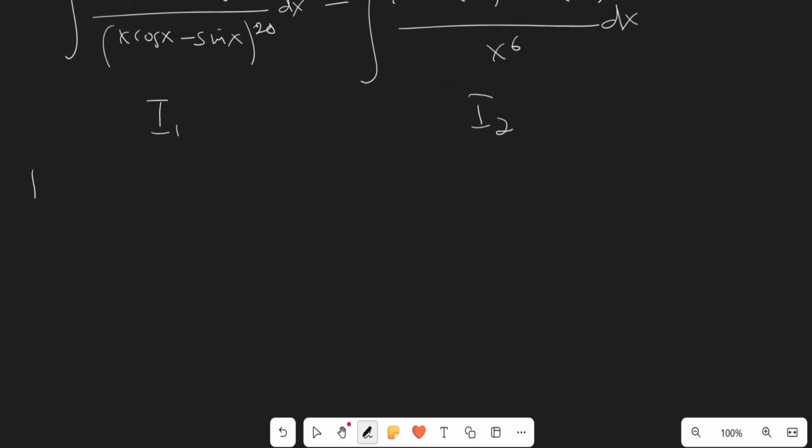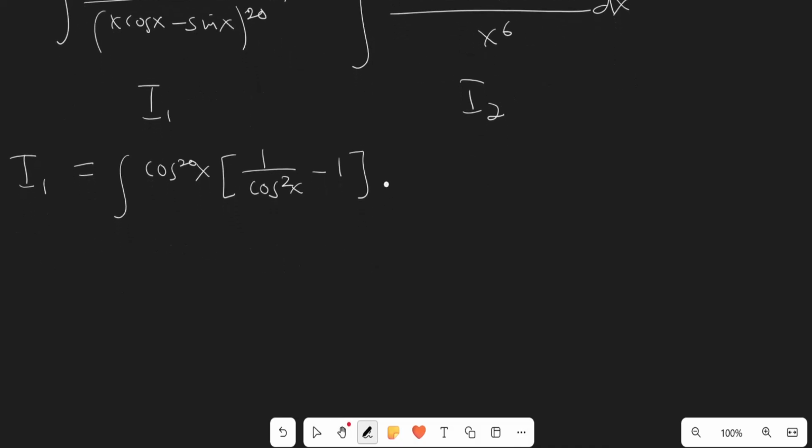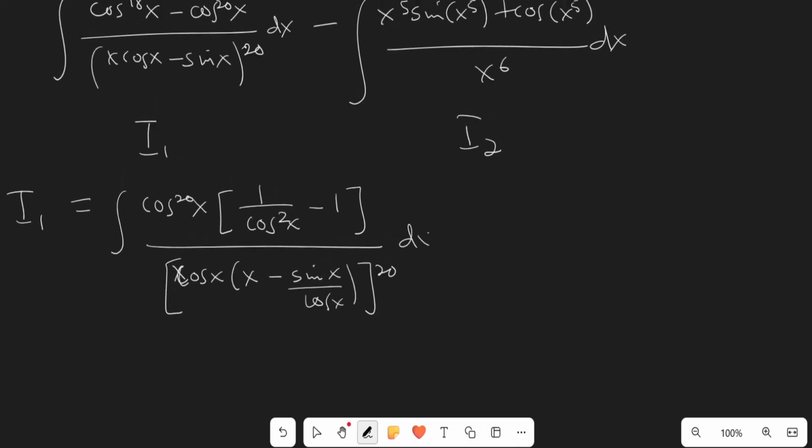So first, let's start off by tackling integral I1. So this becomes the integral. I am going to factorize cosine to the 20 of x out, and this becomes (1 over cosine square x minus 1) at the numerator, divided by x, factorize cosine out at the denominator, and that becomes (x minus sine of x over cosine of x), all this raised to the power 20, dx.